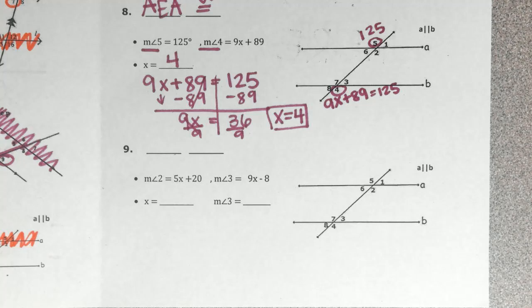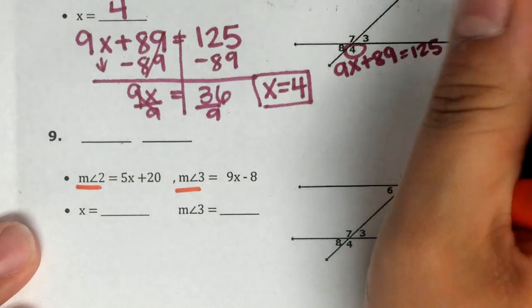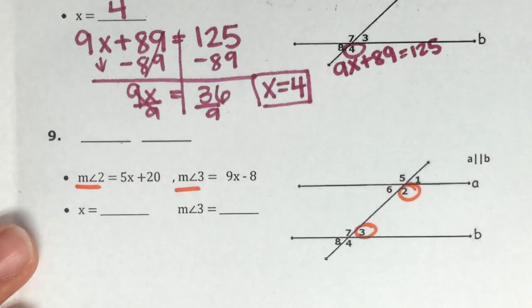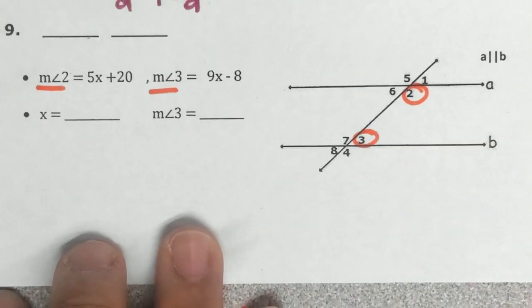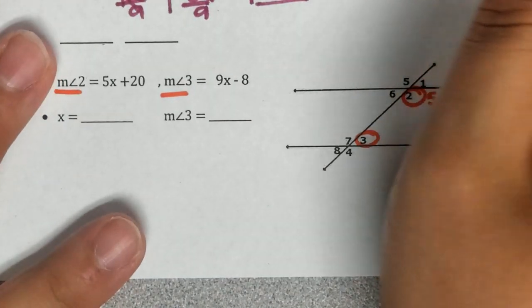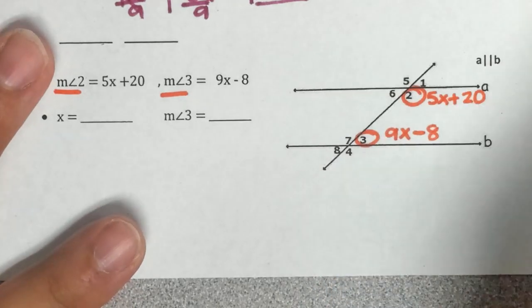Are we done writing? Or do y'all need more time? For the next ones, it gives us 2 and 3. Are 2 and 3 on the same side or different sides? Same side. I'm going to write it out. I've got to label: 5x plus 20, 9x minus 8. They're on the same side.